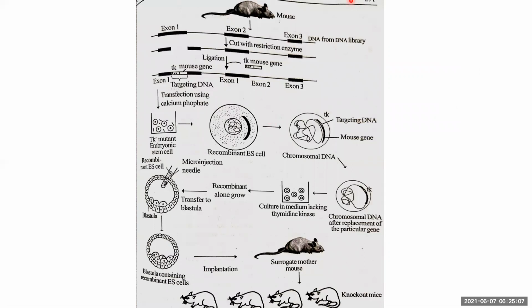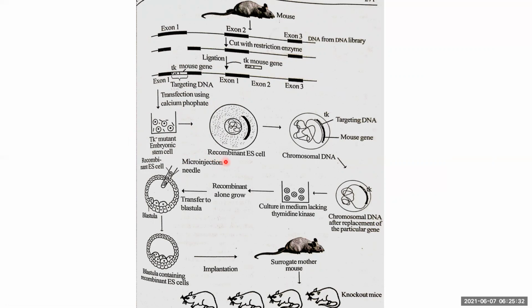This I have shown already. Mouse DNA isolated from the library is cut with a restriction enzyme. The first exon is cut, and we put in the targeting DNA, the non-functional gene, with a marker gene like thymidine kinase, and then transfection is done using calcium phosphate. You put TK mutant embryonic stem cells in it.